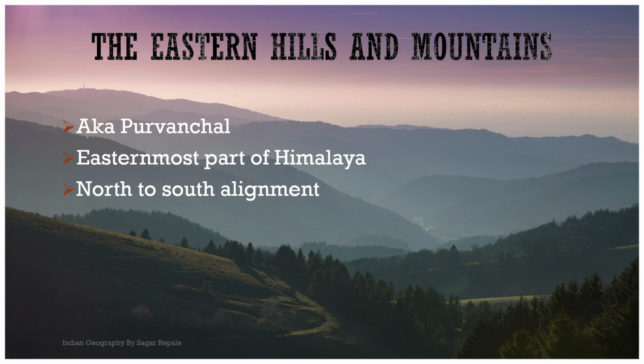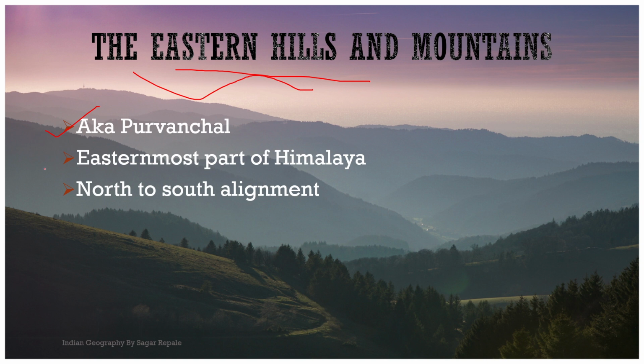Next, the Eastern Hills and Mountains. First, it is also known as Purvanchal, so don't get confused if in prelims the question is on Purvanchal. Sometimes students get confused between the Eastern Hills and the Eastern Ghats. Eastern Ghats are on the Indian Peninsula. This is just the Eastern Hills and Mountains.